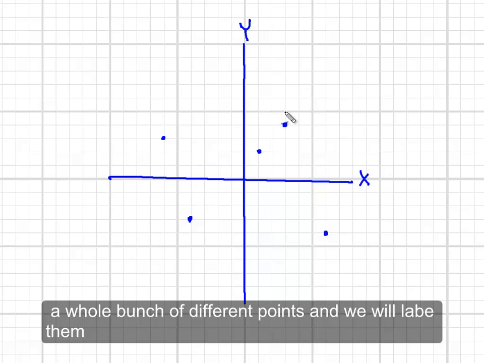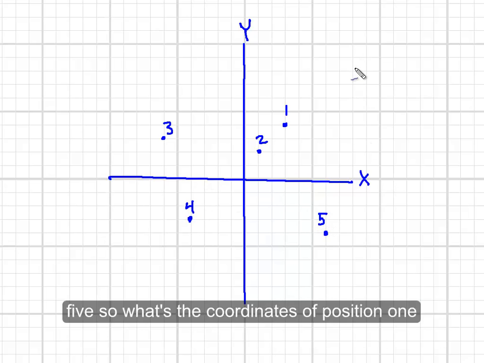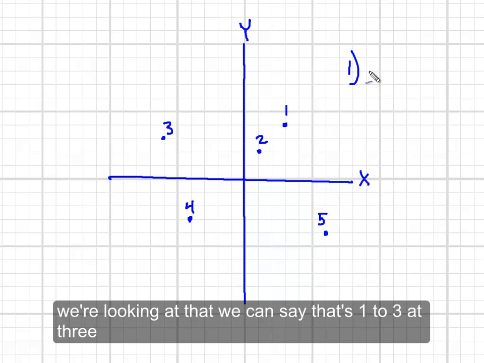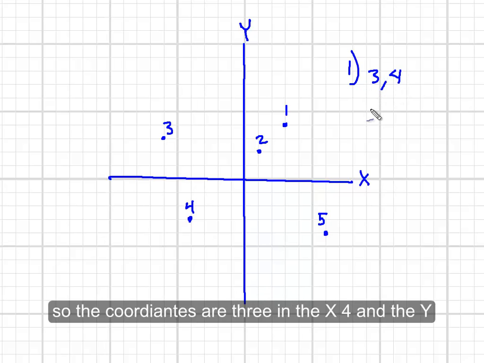So we have a whole bunch of different points. I'm just going to label them 1, 2, 3, 4, 5. So what are the coordinates of position 1? We can say that's 1, 2, 3. That's 3, comma, 1, 2, 3, 4. So the coordinates are 3 in the x, 4 in the y.